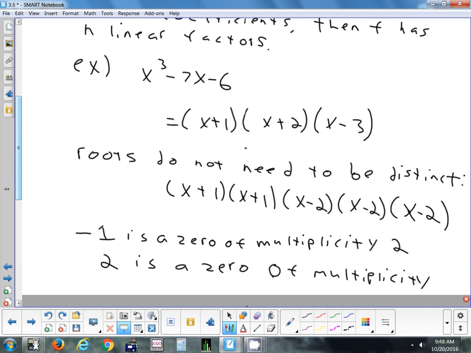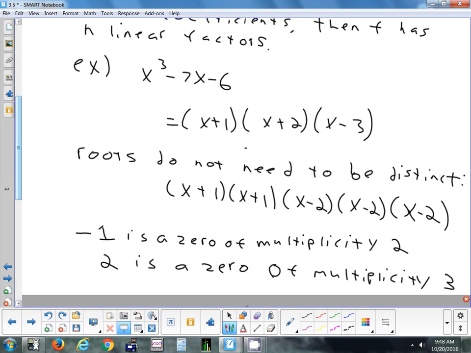Okay, and I didn't really say this term yesterday, but the proper term here, we'd say that -1 is a root, or it's a 0, and it occurs twice. So we say it's a root with multiplicity 2. Another root we have is 2, and that occurs 3 times. Okay?